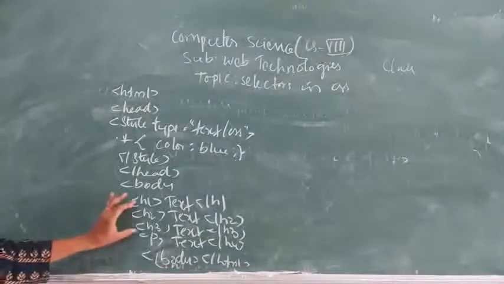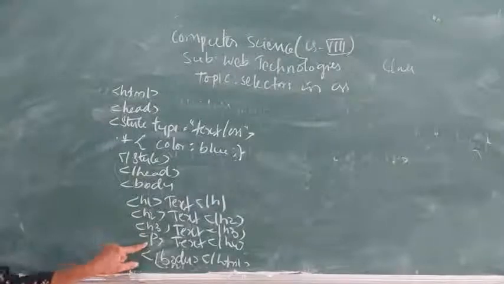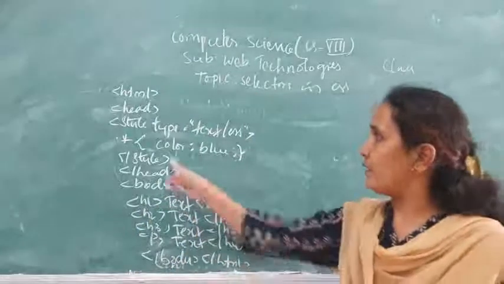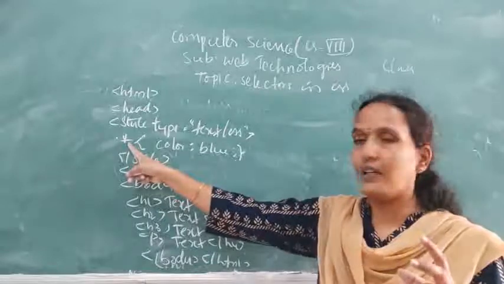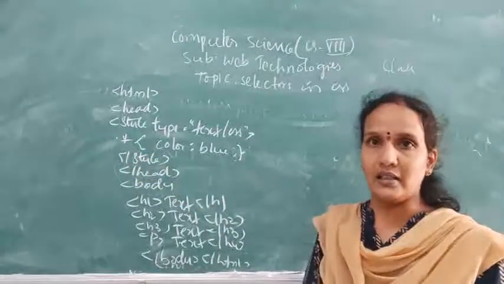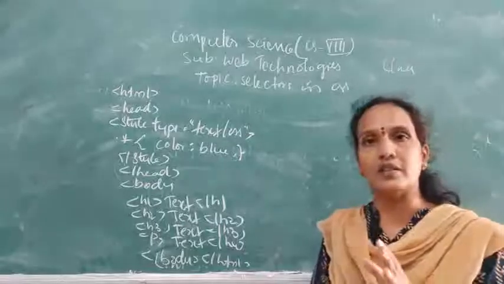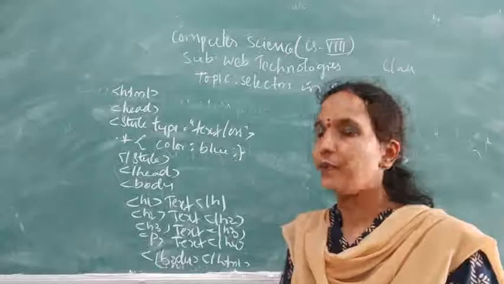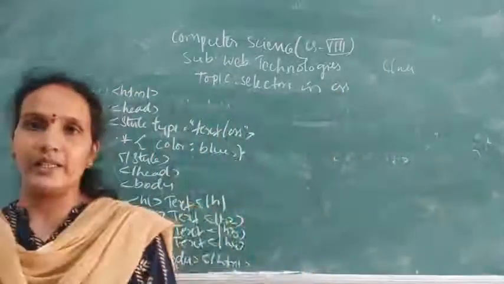Here I have not given a property to H1, H2, H3, H2 or the paragraph, yet all these elements get a common property, because the selector I have given is the universal selector. Universal means the same property for all the elements in the document. Okay, and the next and last one is the child selector.